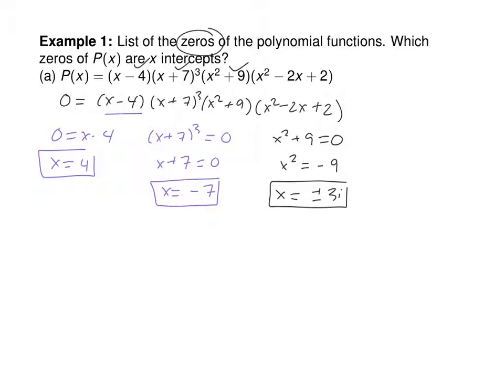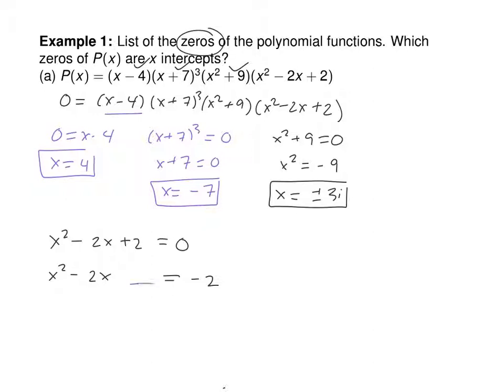Now the fourth factor, x squared minus 2x plus 2 equals 0. Does that factor? Does not. So you can use the quadratic formula or you can complete the square. In this case, I think completing the square actually isn't that bad. So x squared minus 2x would equal negative 2.